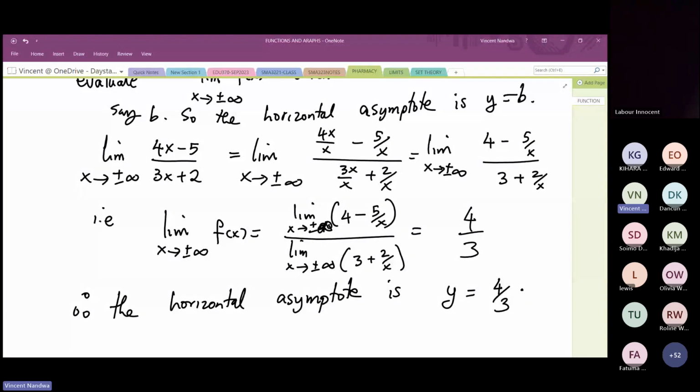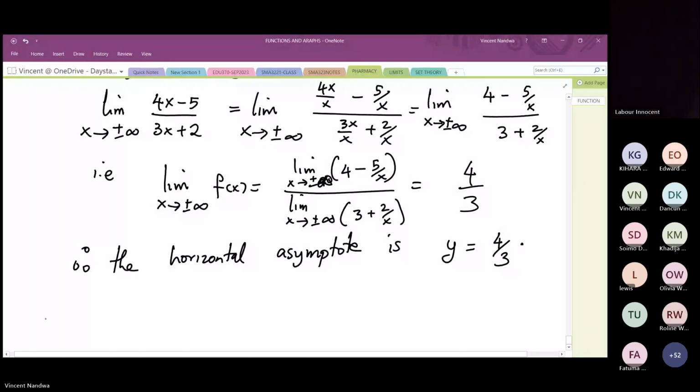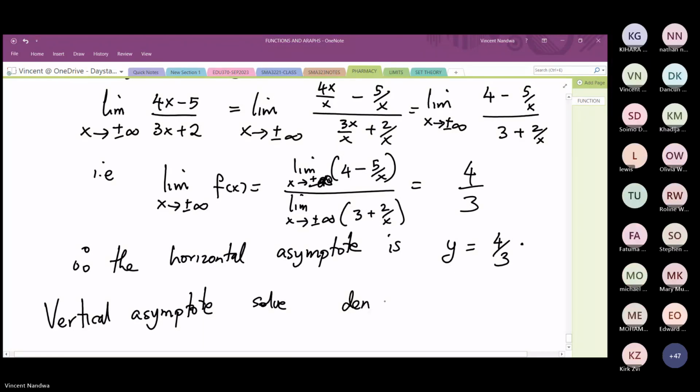So for the vertical asymptote, it's as good as: solve the denominator equals 0.